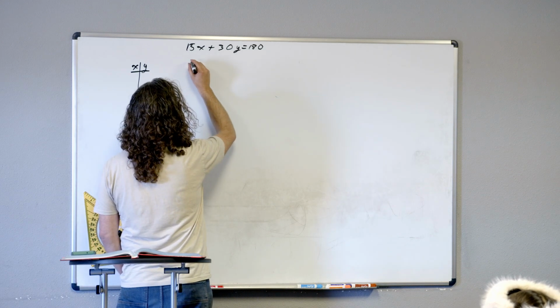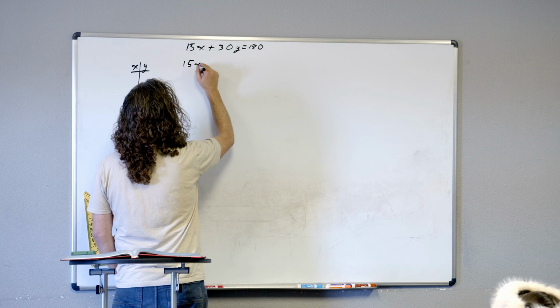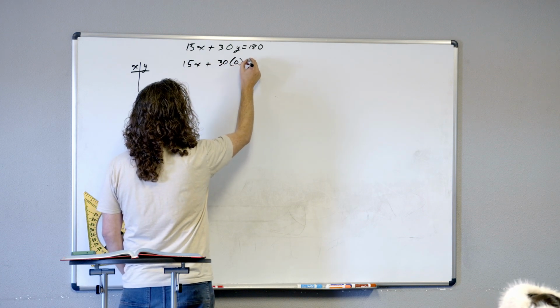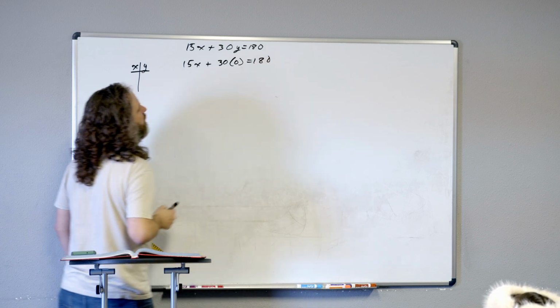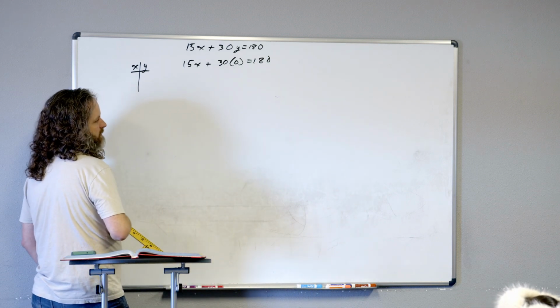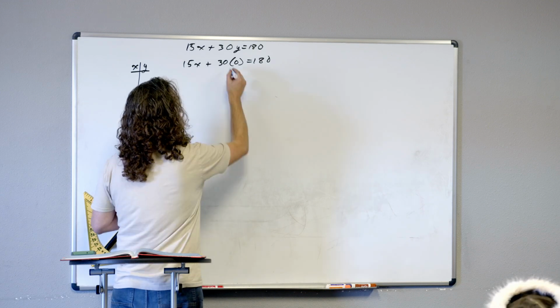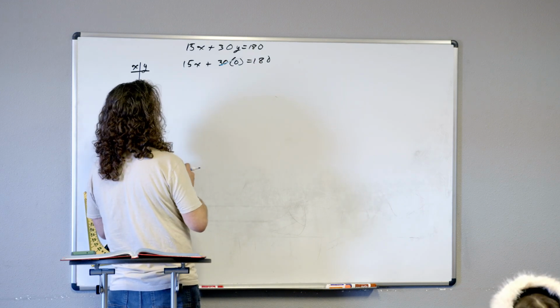So for the x-intercept, I've got 15x plus 30 times 0 equals 180. Now what happens? The 30 is gone. So what do I do now?